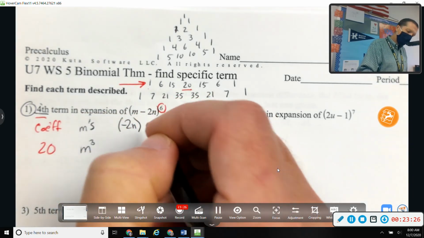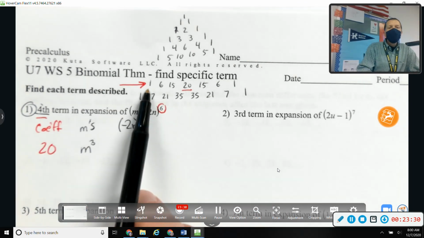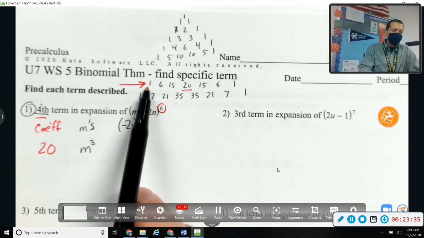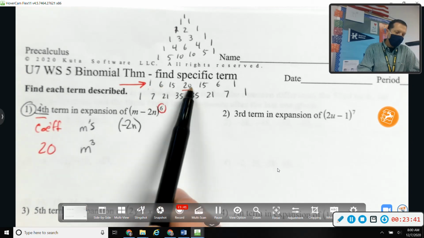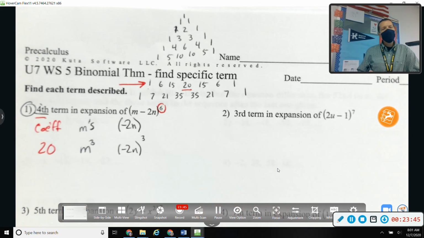And then my negative 2 n's. How many of them will be on the first term? 0. You're answering the right question. 0. And then those will count up. So 0, 1, 2, 3. So negative 2n cubed. Now I'm not done. I need to clean it up and combine.